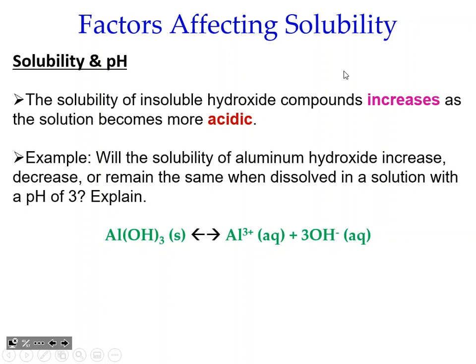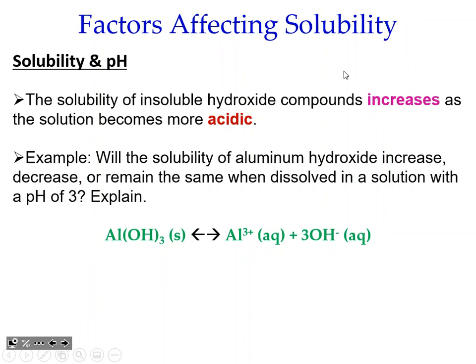But aluminum hydroxide has a Ksp of like 10 to the minus 33 or something, really, really small. So therefore, it's a very insoluble hydroxide. It is also going to increase the solubility of an insoluble hydroxide if you make the solution acidic.